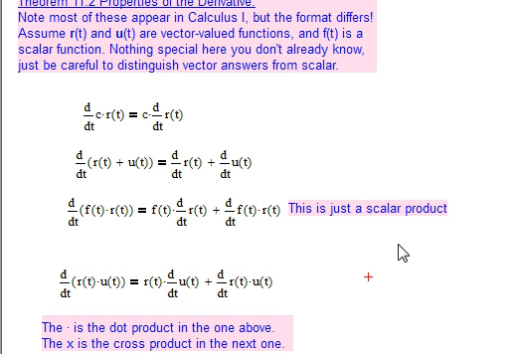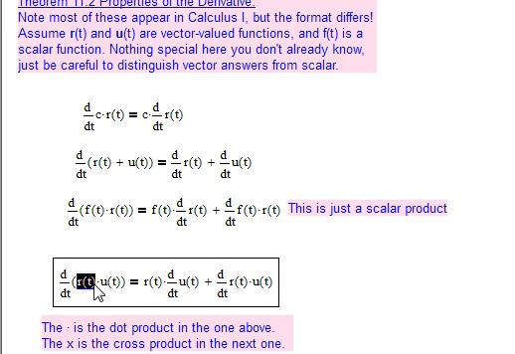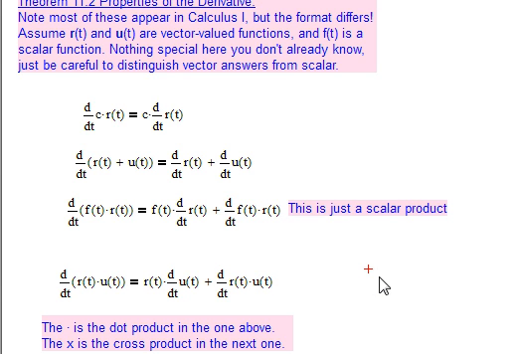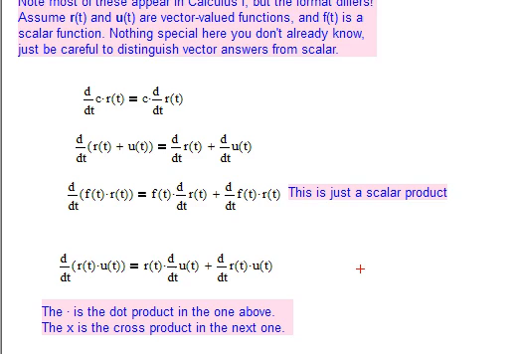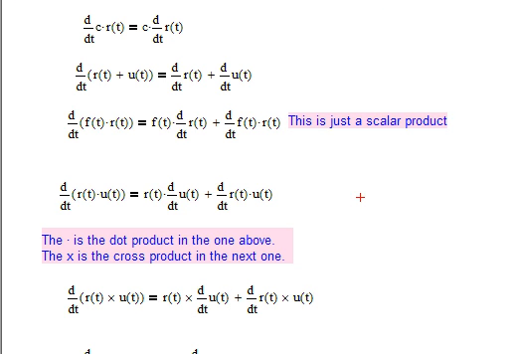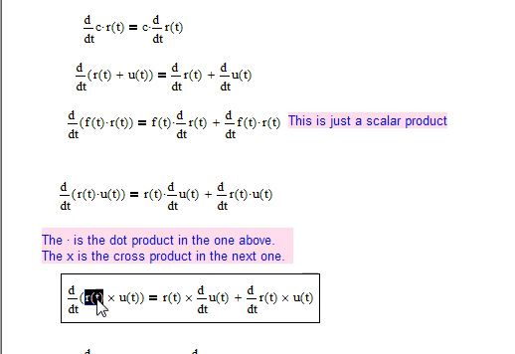And interesting to note that the dot product of two vector valued functions will give us a scalar function, and so this derivative on this side as well as this side will be a scalar.